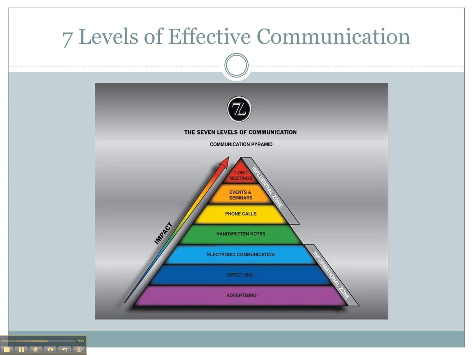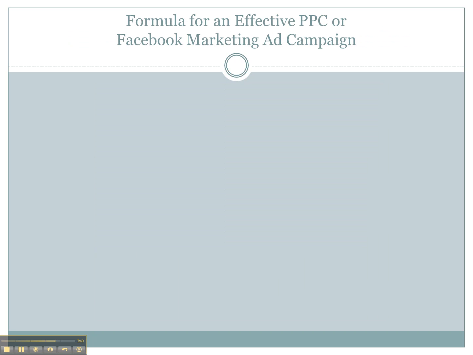What becomes influential is when you start writing handwritten notes, making phone calls, and inviting them to attend events or webinars. At the top of the pyramid are your one-to-one meetings, which is when you have the most influence over clients. So the purpose of a pay-per-click campaign is to nurture a lead up the 7 steps of effective communication.